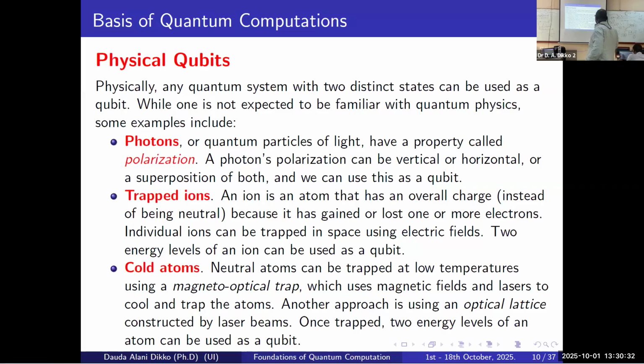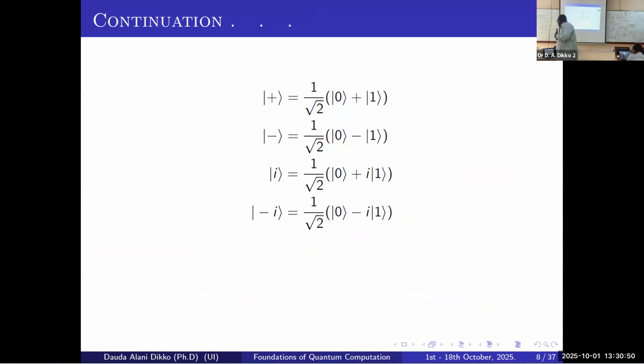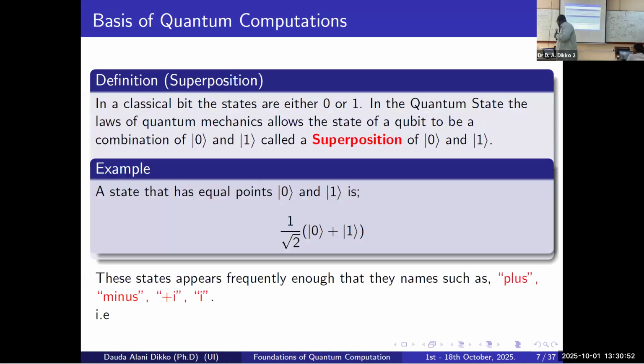Now, a photon polarization can be vertical or horizontal, or you have a superposition of both, and we can use this as a qubit. So these terms help us see what the superposition principle, which is more general, looks like.